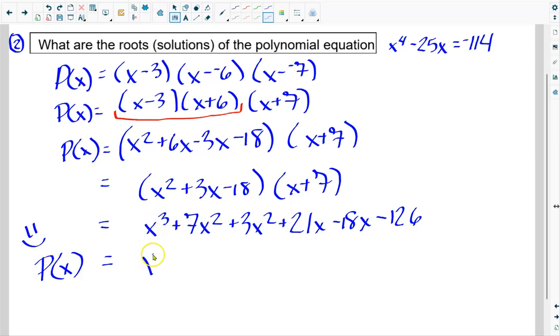So x cubed, done. 10x squared, done. Okay, I've got 21 and 18, that's 3. And if you're iffy, put that in the calculator. 21 minus 18, which gives us 3x, minus 126.